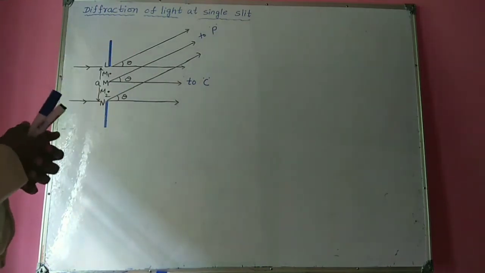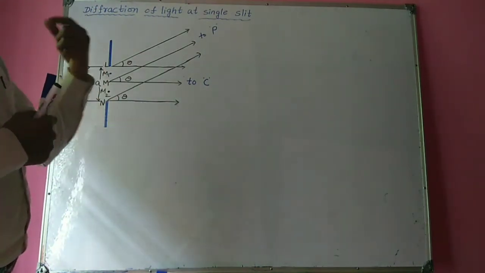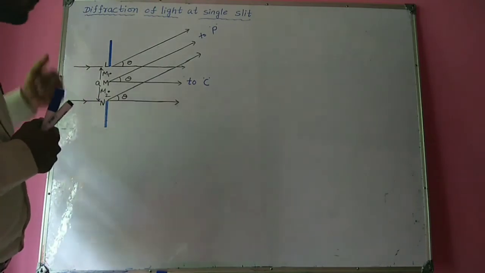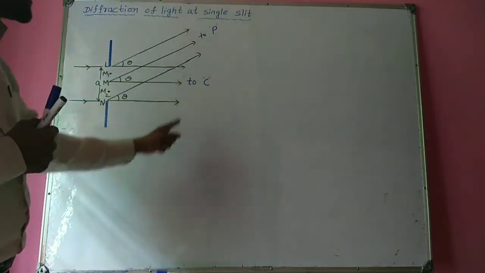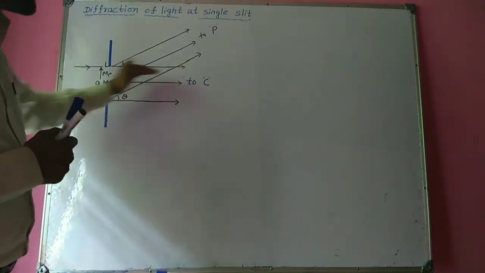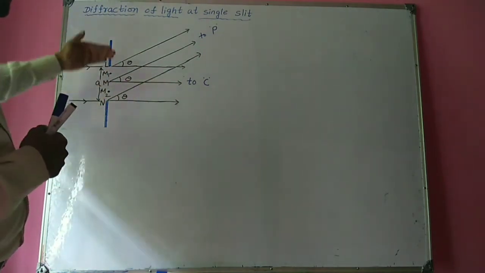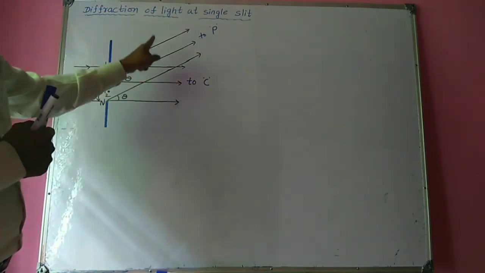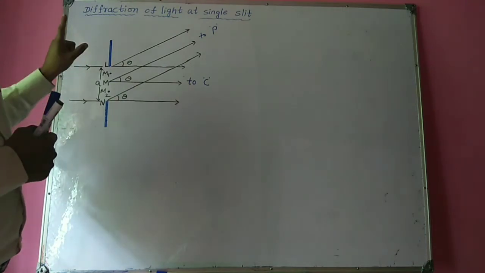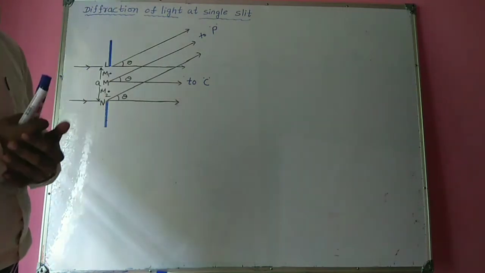Now let us consider a light ray, that is a straight line passing through M, which meets the screen at C. So these are the secondary wavelets, because every point on the wavefront acts as the source of secondary wavelets.